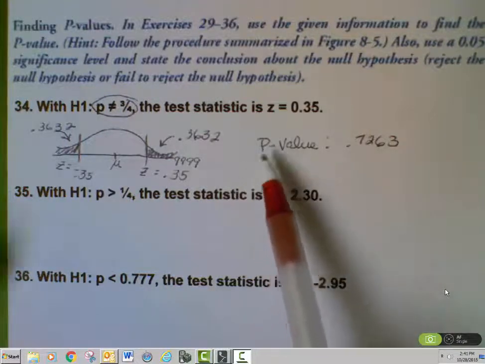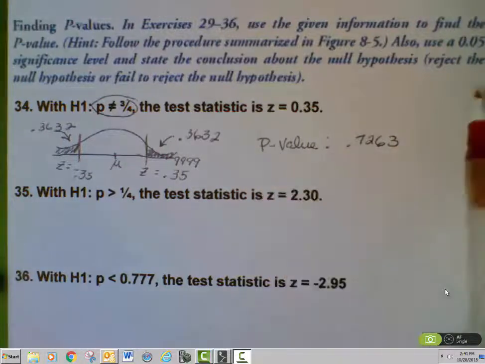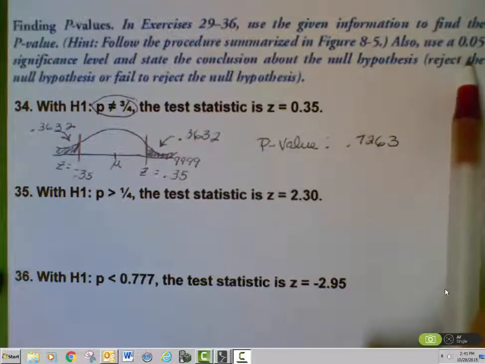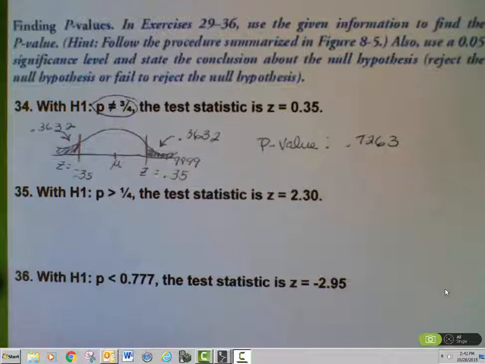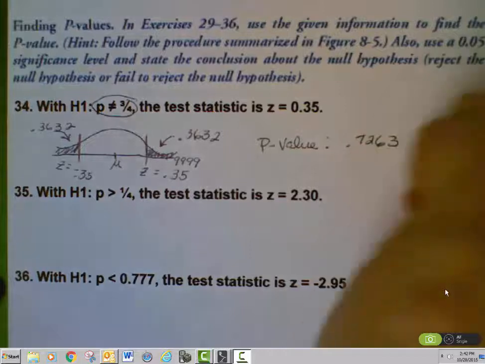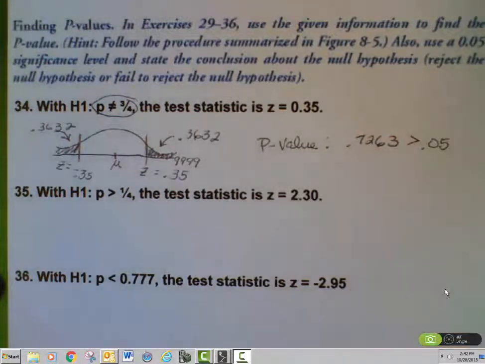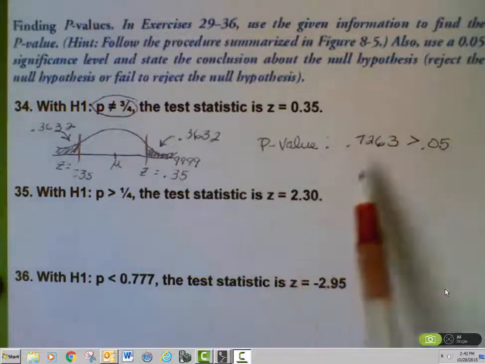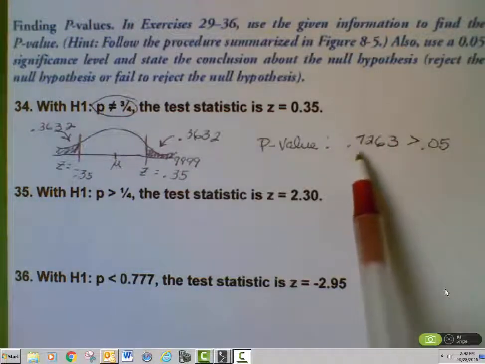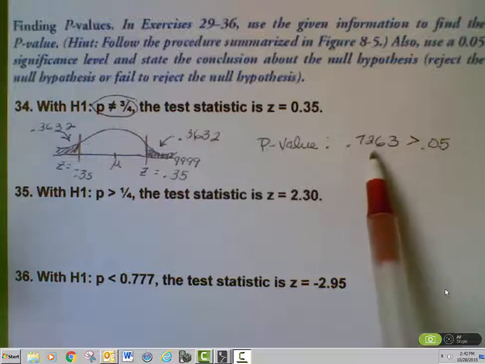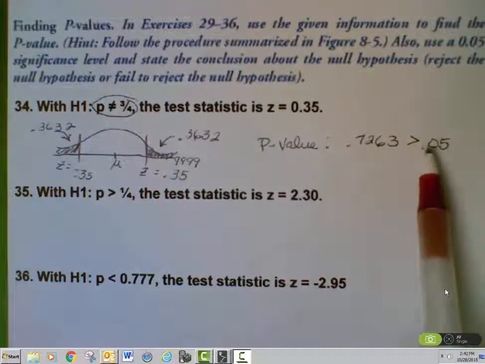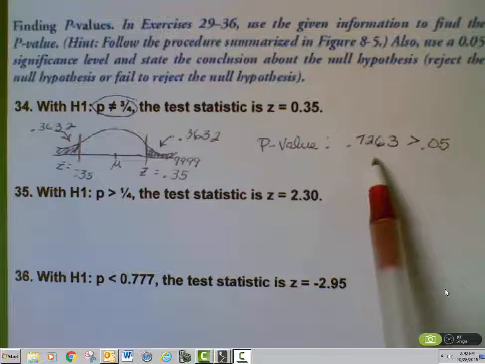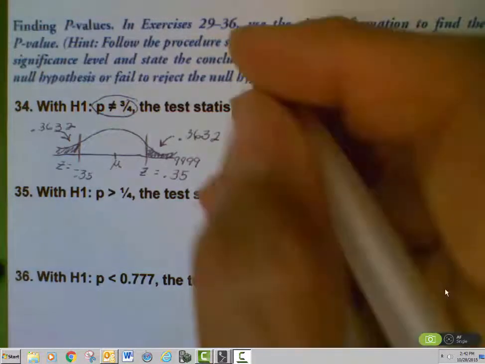You'll remember from the previous slide, we have to be given some significance level. We were told to use a significance level of 0.05. And for that significance level, 0.72 is much greater than 0.05. The mnemonic device we used was if p is high, that means higher than the significance level, then the null will fly. That means I don't have to reject the null.